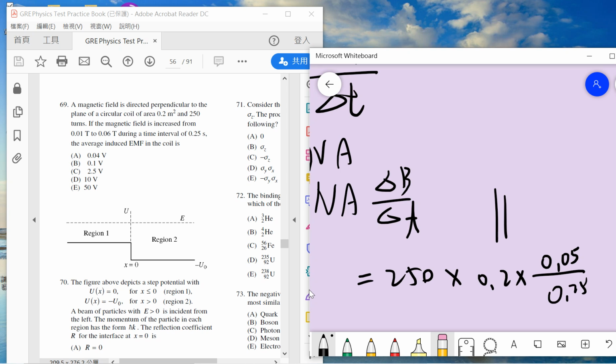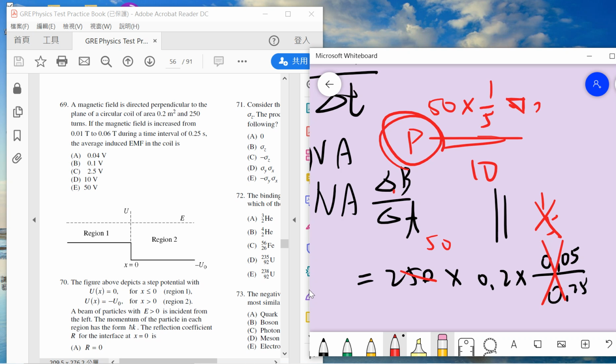This gives 50 times 0.2, so the answer is 10. The answer is D.